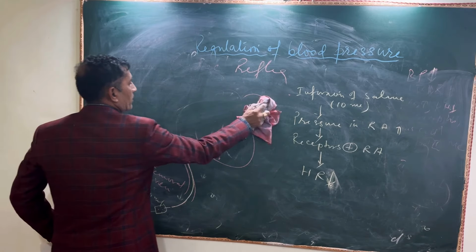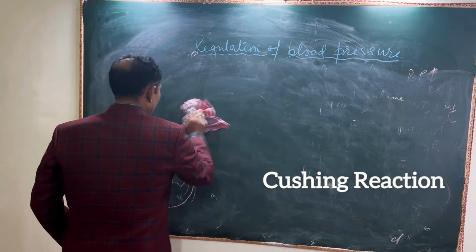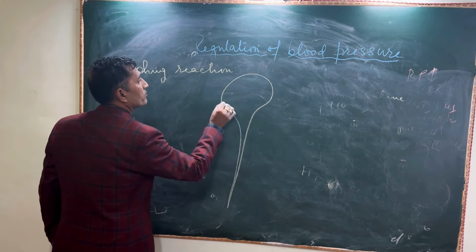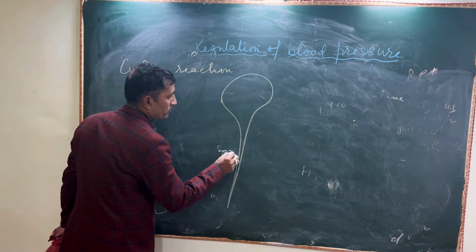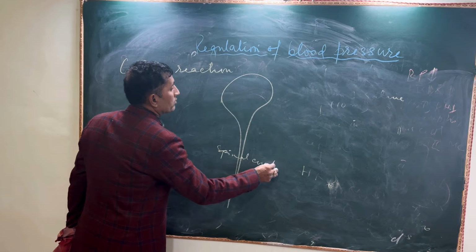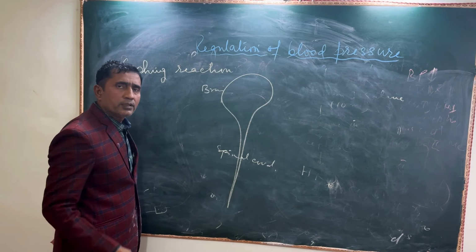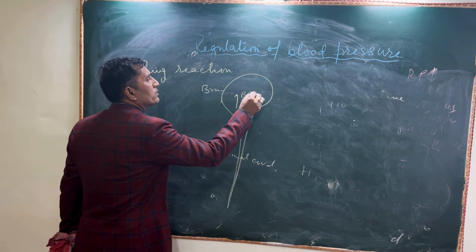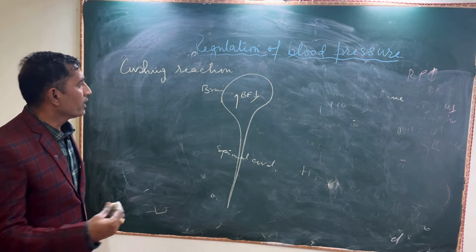Last is the Cushing reaction. Here we have the brain, and this is the spinal cord. This is the brain. In any condition where the blood flow is reduced, what will happen?